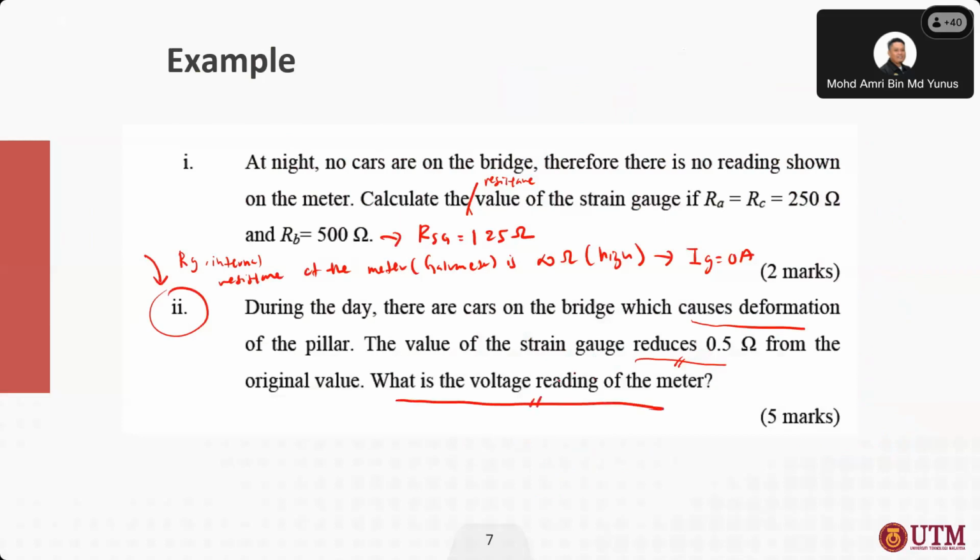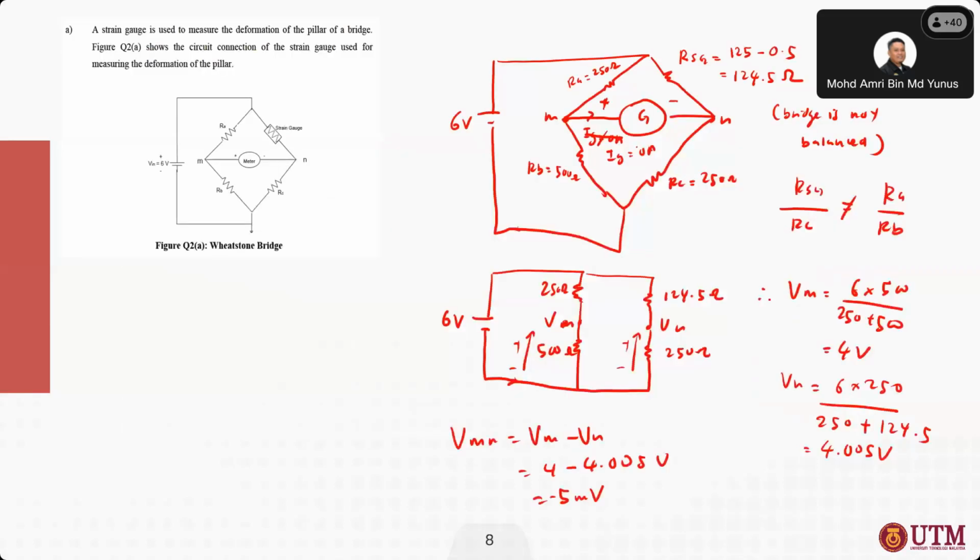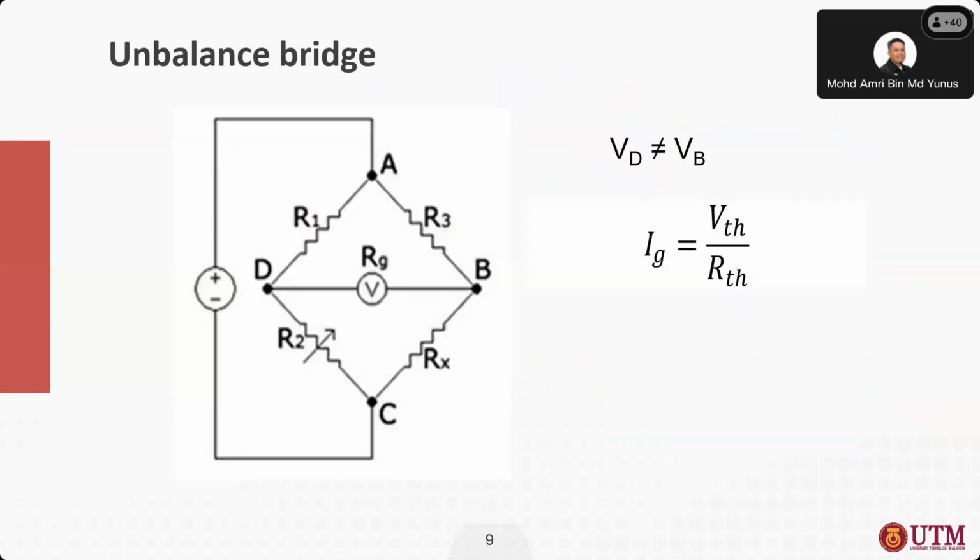Okay, that is for that assumption. In reality, in any imbalanced condition, we need to consider the internal resistance of the voltmeter or the indicator in between point D and B, and then we have to use the Thevenin circuit analysis to find the value.